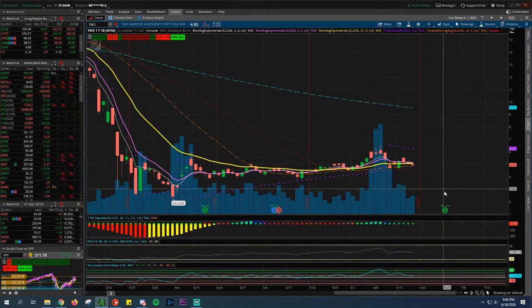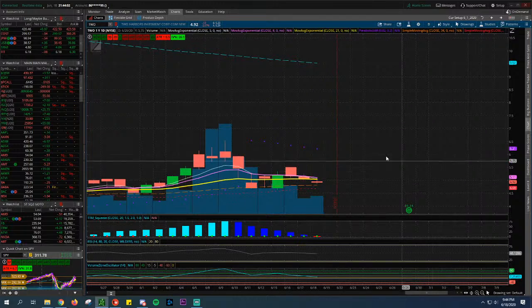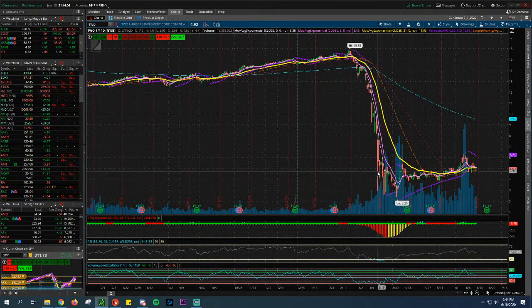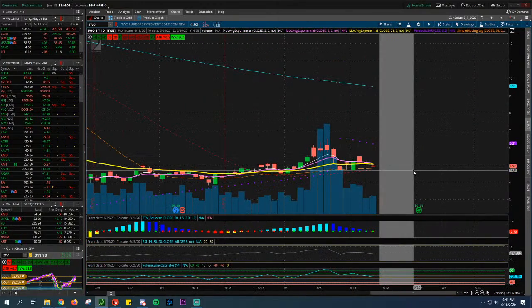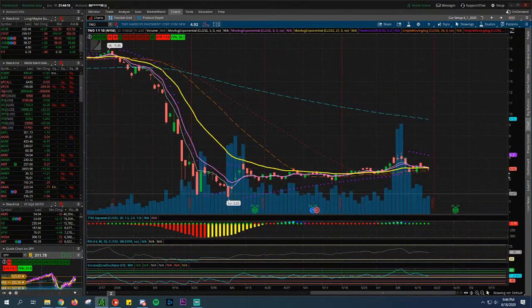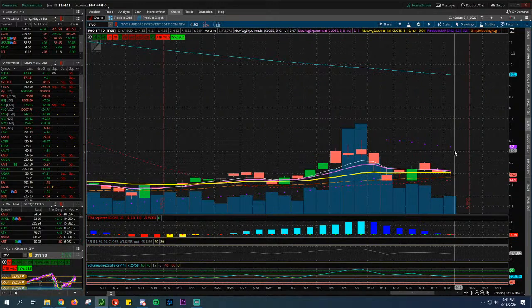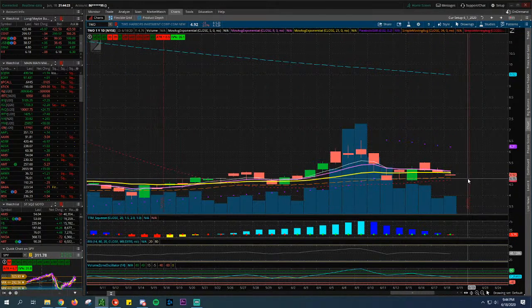It has a dividend coming out soon. The only concern is that it's pretty tightly wound here, and it's really just trading sideways. We'll have to see how it closes out for the week, depending on how long you're holding this. The 34, which is around $4.80, has been support more than the 21 in the last couple weeks.